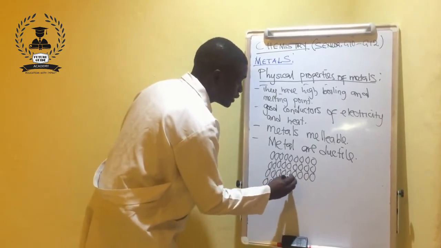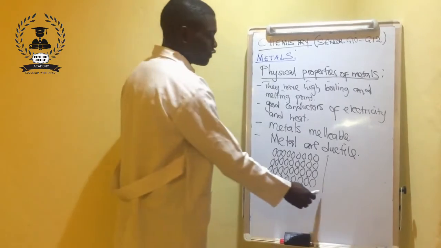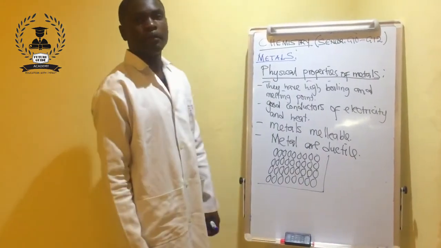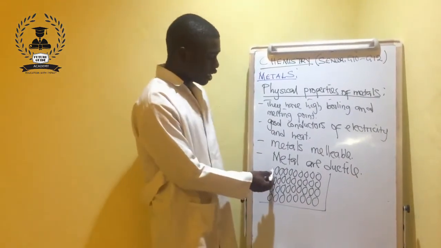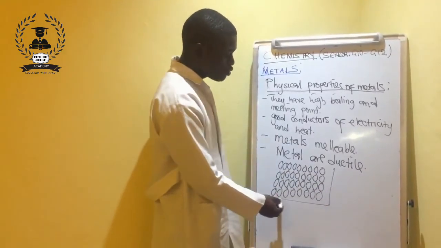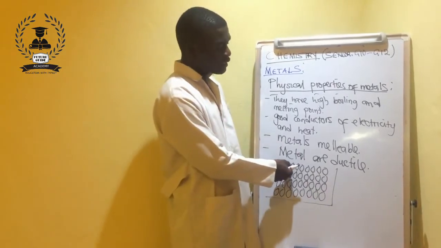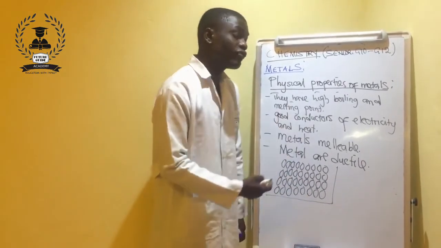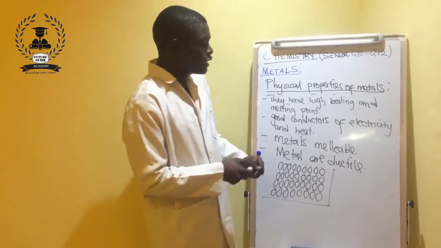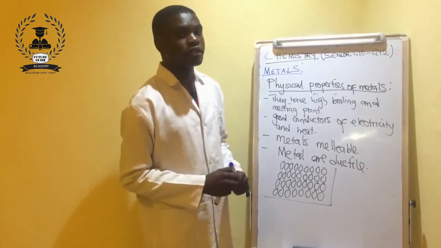They only do what? Vibrate. So that's the property of a metal. Particles are arranged in rows so that when heat touches this one it will be transferred to move to different other parts. This one will vibrate and heat will move. That's how metals are made. And these are the major physical properties of metals.